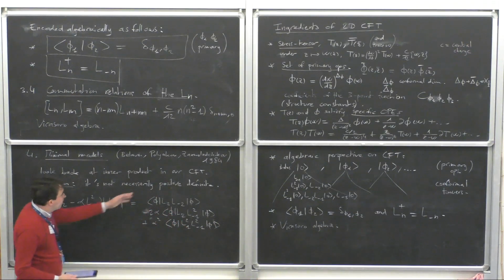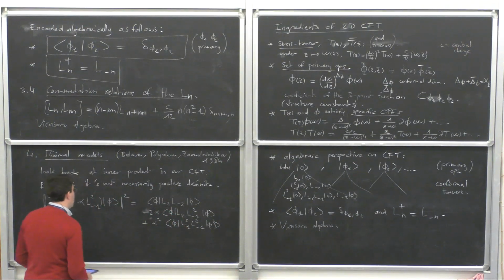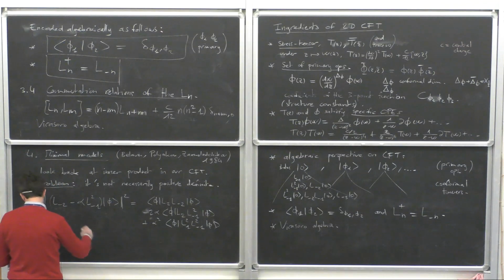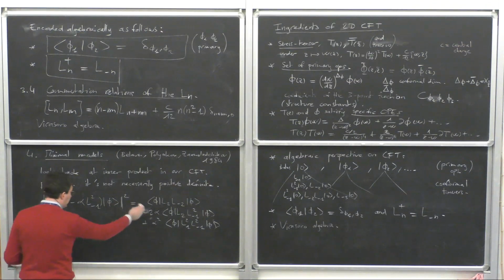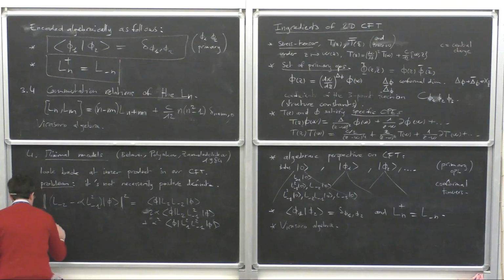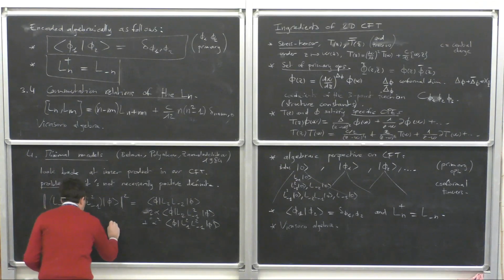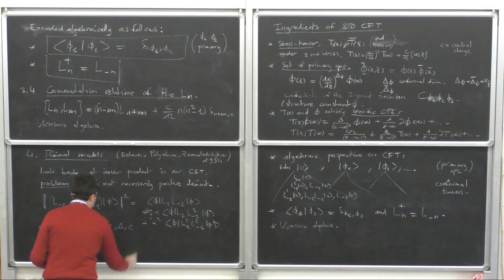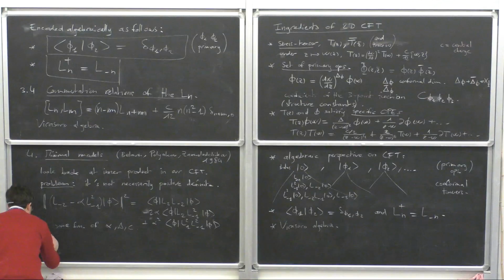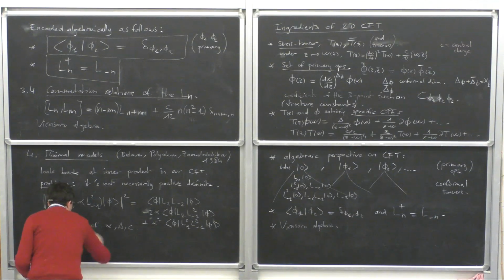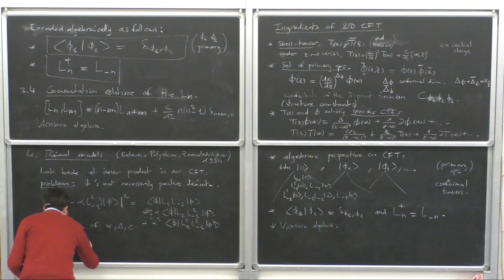You can compute these three things using the Virasoro algebra. I'm not going to write it down. The result is some function of some expression that involves alpha, delta, and c, and it can be negative for some choice of these parameters.